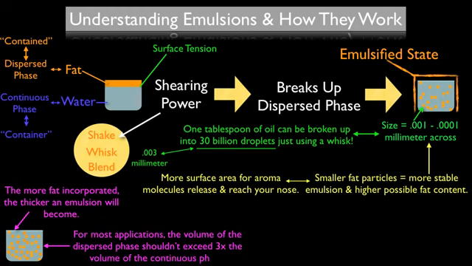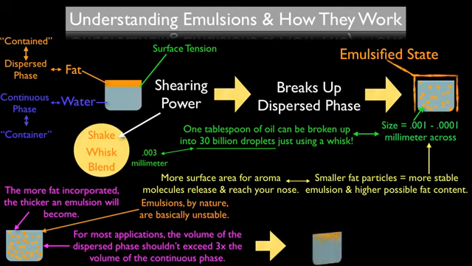And this is because emulsifications by nature are basically unstable. And what happens is when you have too much of the dispersed phase, they start cramming closer and closer together, and they'll start knocking into each other, pooling, and as they pool, they'll start to recreate that surface tension. And when that surface tension is recreated, the dispersed phase, in this case being the fat, will float to the top, and this is what you call coalescing.